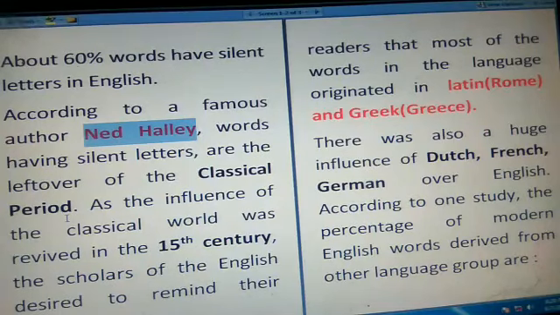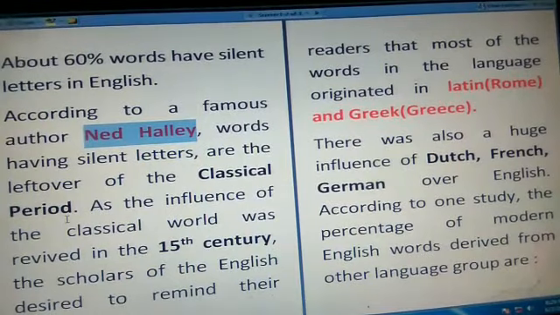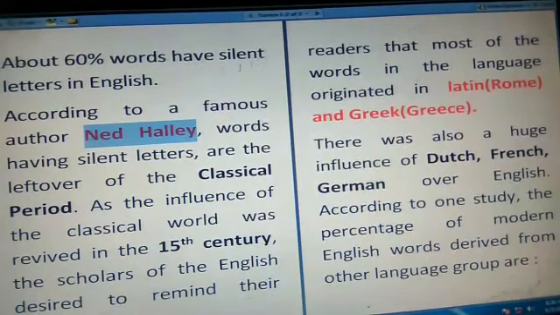Friends, I'm going to tell you about the brief history of the silent letters, and why they are used in English words. About 60% of words have silent letters in English, according to a famous author, Ned Halley, who has also written many children's books.